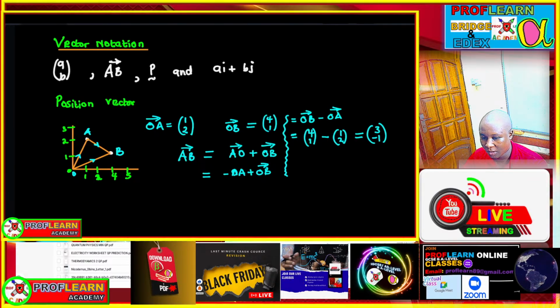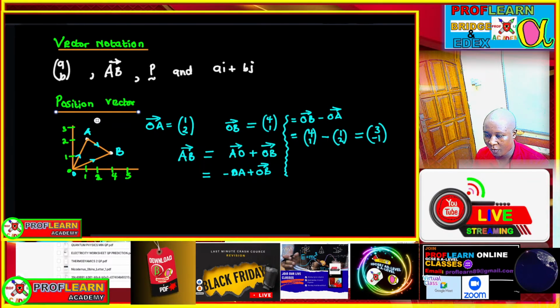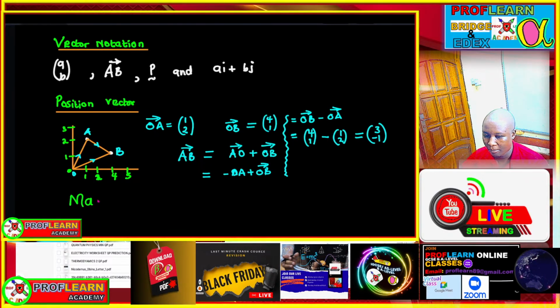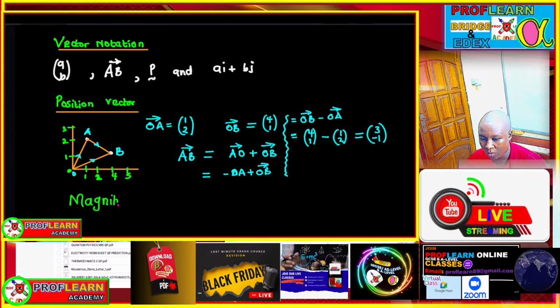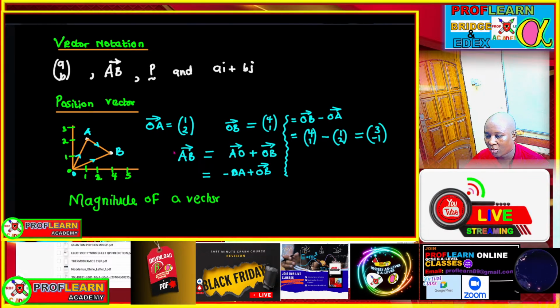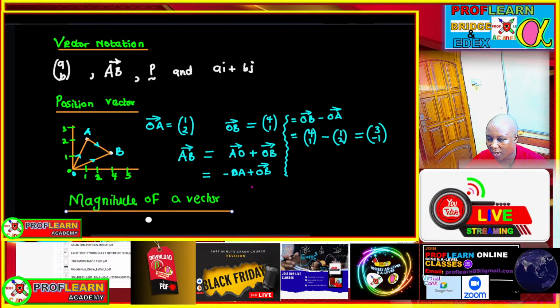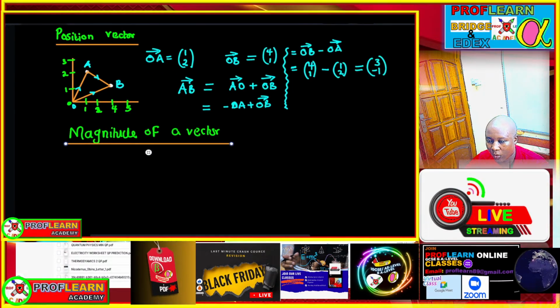Now in this case, if you found the position vector here, the magnitude of this vector is going to be what? For instance, if we are given vector AB, what will be the magnitude?